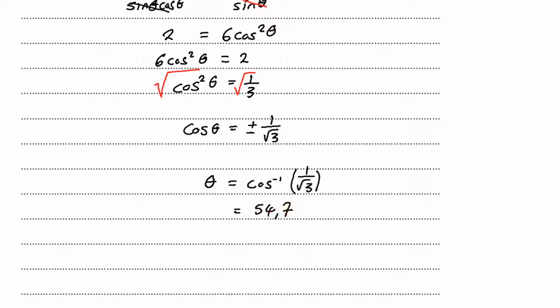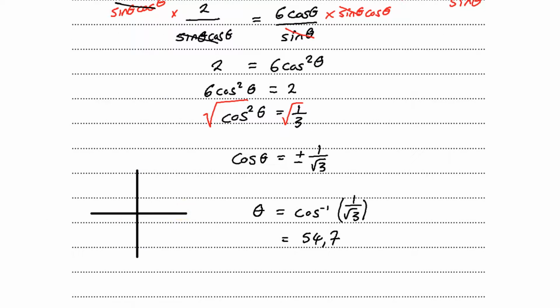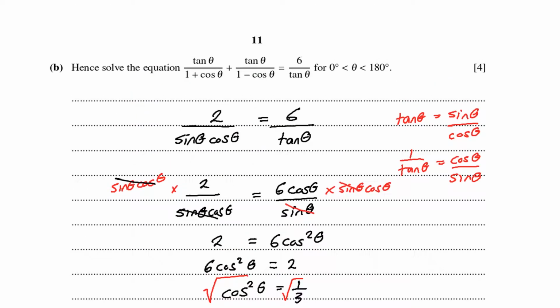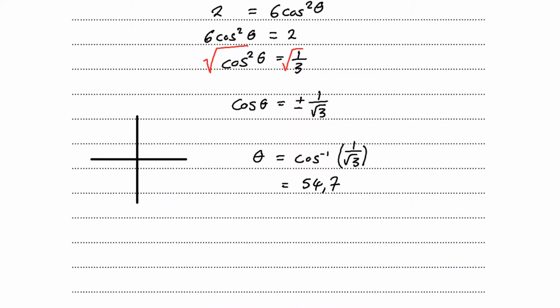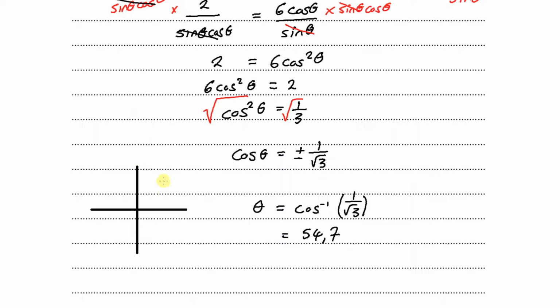So 54.7, and if I look at the quadrants, also taking into consideration that we want values of theta between 0 degrees and 180 degrees. So cos is positive in the first quadrant, which has values between 0 degrees and 90, and negative in the second quadrant, which is 180 minus theta, which has values between 90 and 180 degrees.